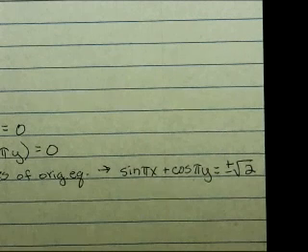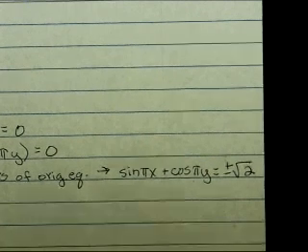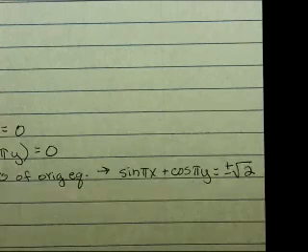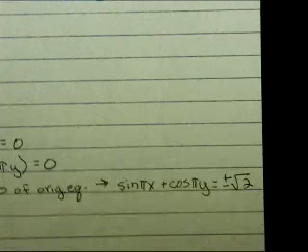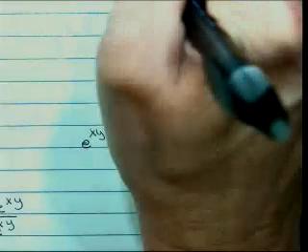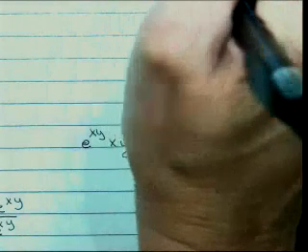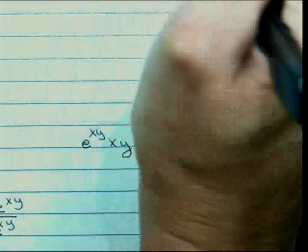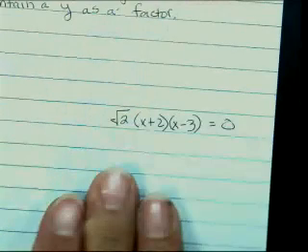Just tell me this as a comparison to something that's easier. If I had something easier, let's say, square root of 2 times x plus 2 times x minus 3 equals 0. I'm just making up an easier problem.